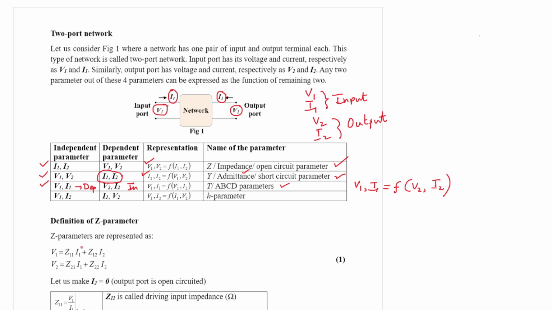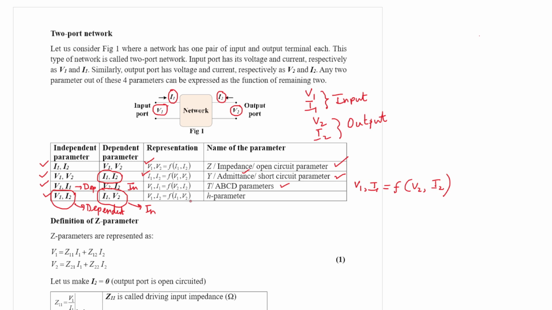Lastly, if we do some mixing, V1 and I2 are the dependent parameters, and input current and output voltage are the independent parameters.